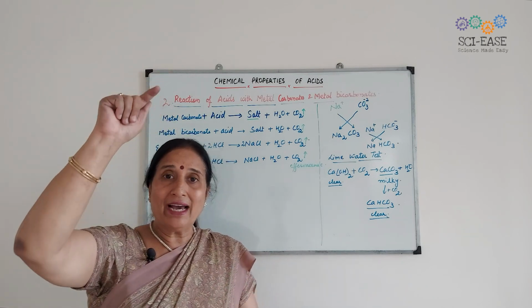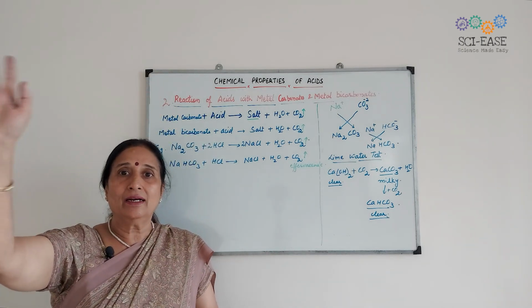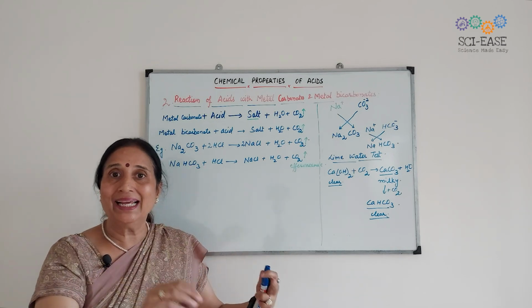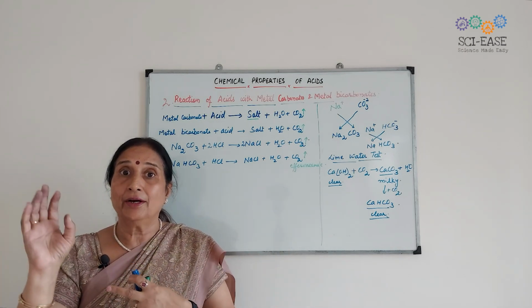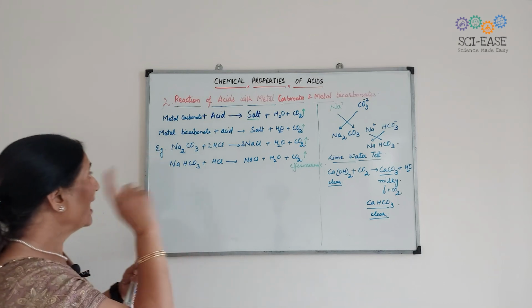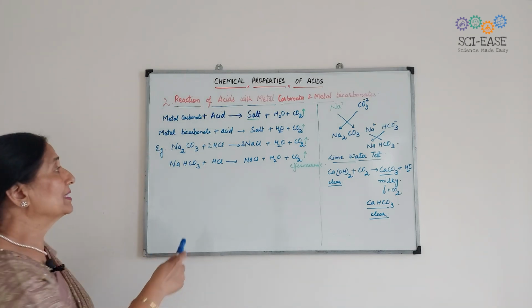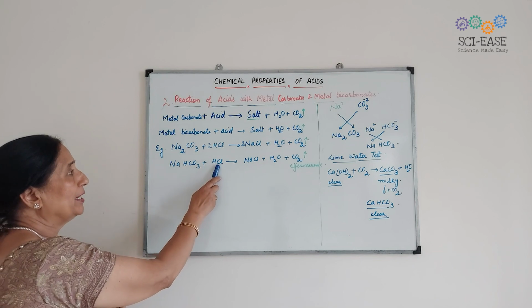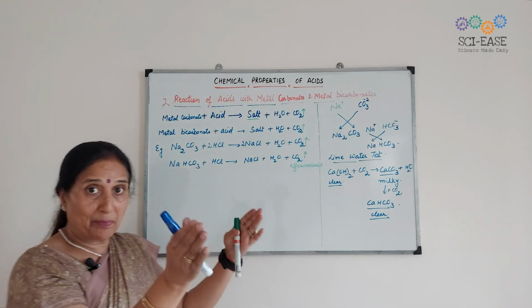There is a firefighting instrument that is installed in big buildings, then in your school, etc. The reaction that takes place there is NaHCO3, sodium bicarbonate, plus HCl, they are separate.